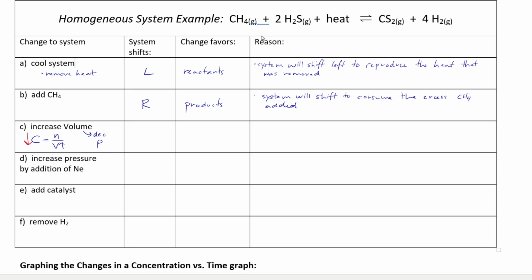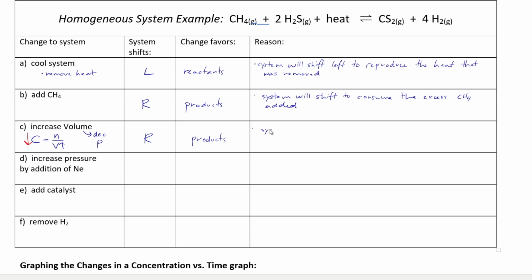So we take a look up at our system here, and if I decrease the pressure, the system will shift to the side with more particles to increase the pressure again, because the more particles there are, the higher the pressure. So if we decrease the pressure, the system should shift right because there are 5 moles on the right side versus 3 moles on the left side. So the system will shift right. So we will have a shift to favor the products.